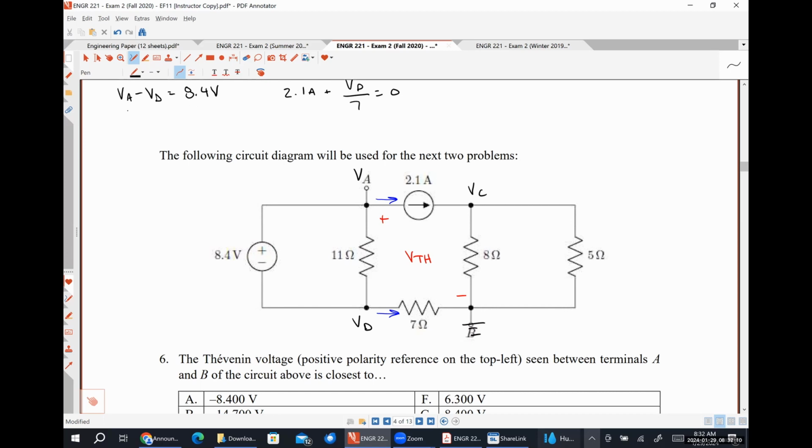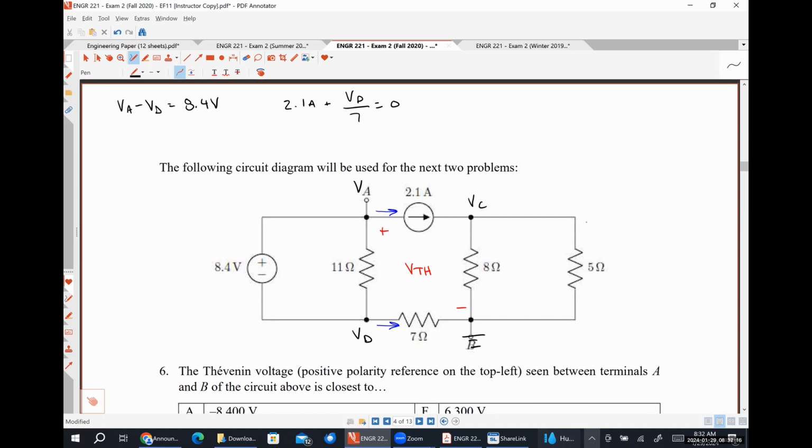So technically speaking, I can stop my nodal here because I have enough information to solve what I need to. But just for completion's sake, I'd have negative 2.1 amps plus VC over 8 plus VC over 5 is equal to 0.